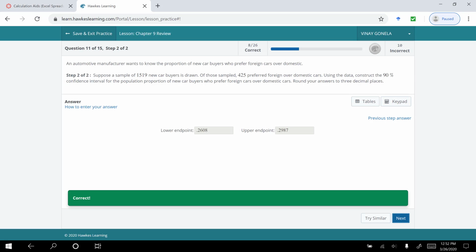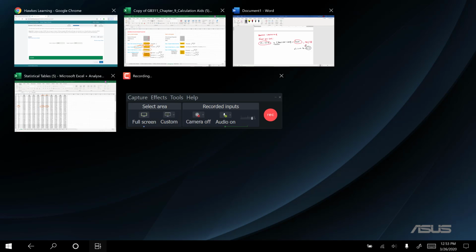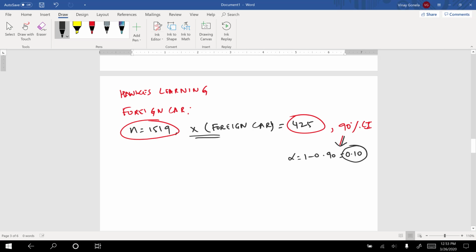Sometimes they will change the question. They will give you 425 preferred foreign car. However, they wanted you to calculate for domestic cars. So now they are interested in, even though they gave 425 foreign cars, they will ask you what is the proportion of domestic cars.